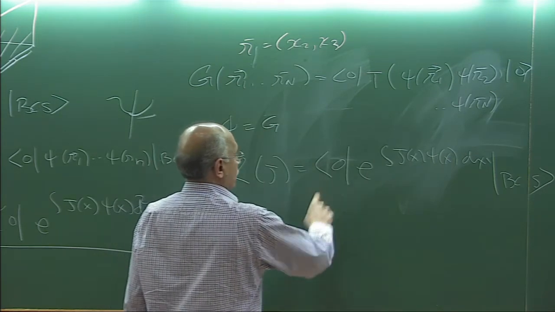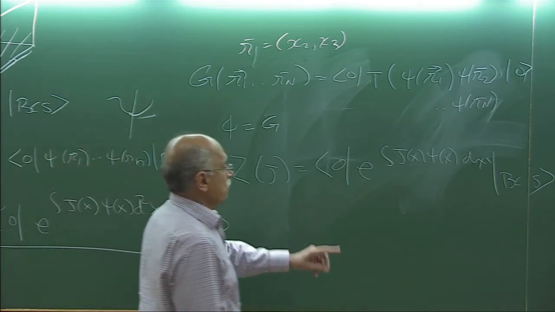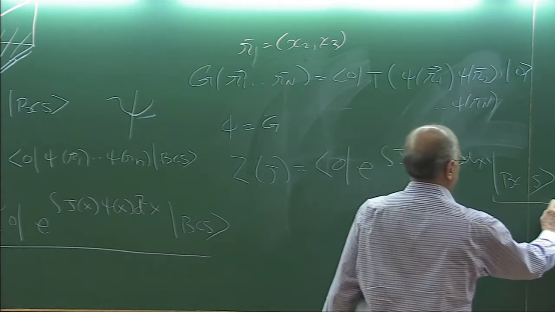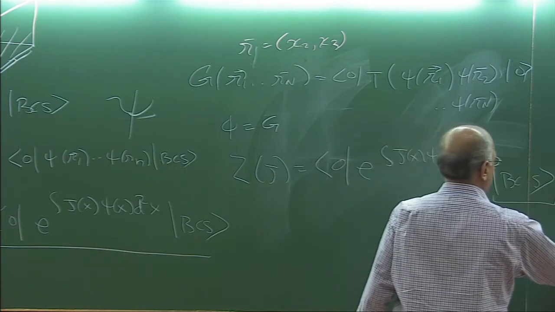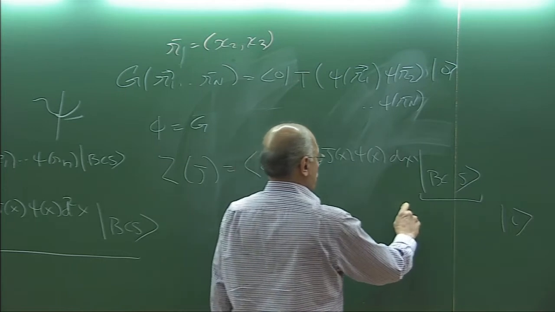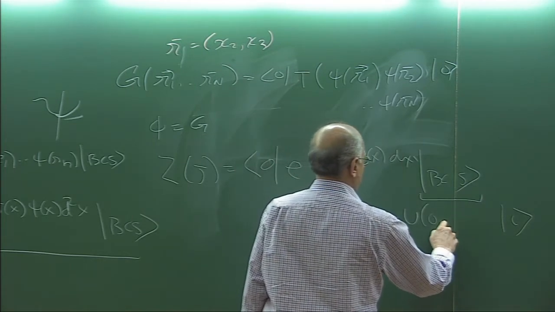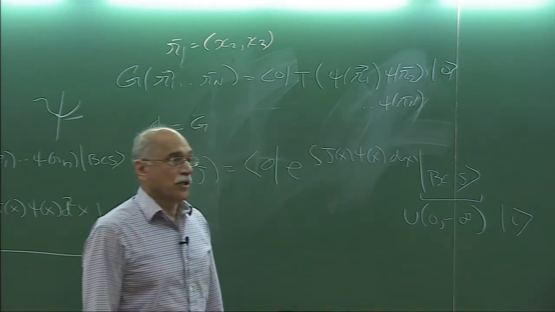So let 0 be the Fock vacuum. That's understood. So what we are going to do is to say this BCS state is going to be obtained by taking any initial state you want. This is all in Euclidean time, doing a time evolution from minus infinity to 0 using the BCS Hamiltonian.